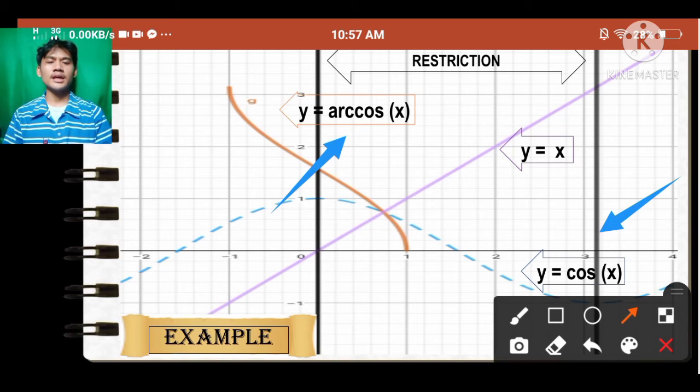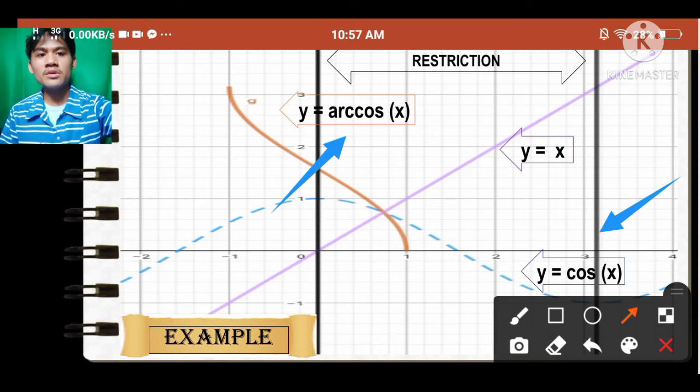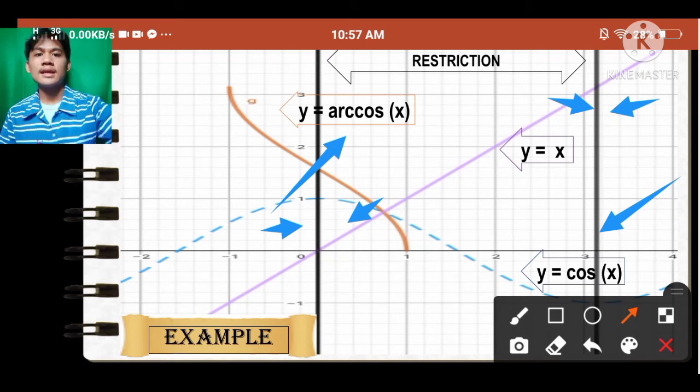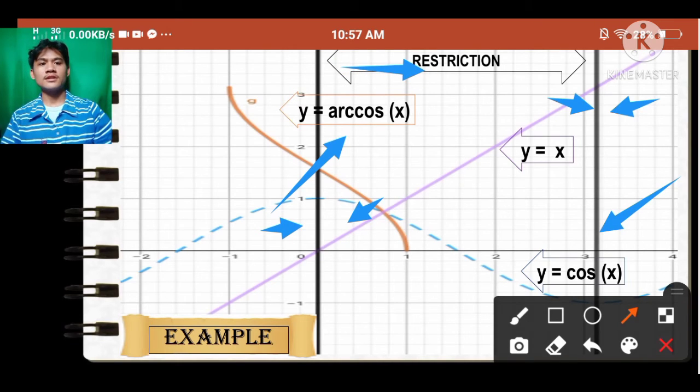But before that, we cannot find the inverse if we don't have these two lines here. Observe this black line here and here. That would be our restriction, so we have this one-to-one function.